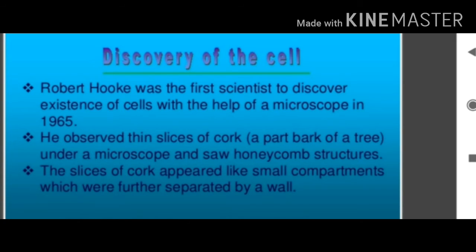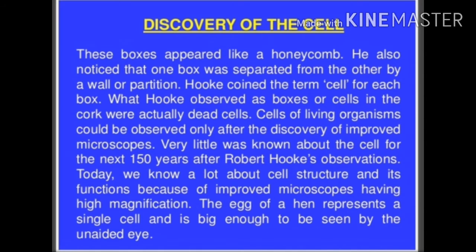The slices of cork appeared like small compartments which were further separated by walls. Robert Hooke noticed that one box was separated from the other by a wall or partition.